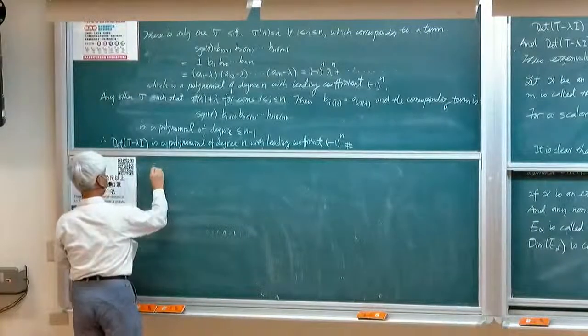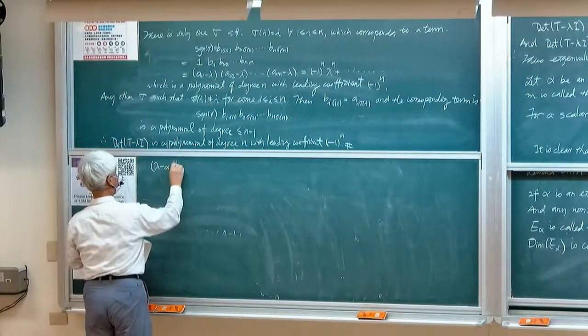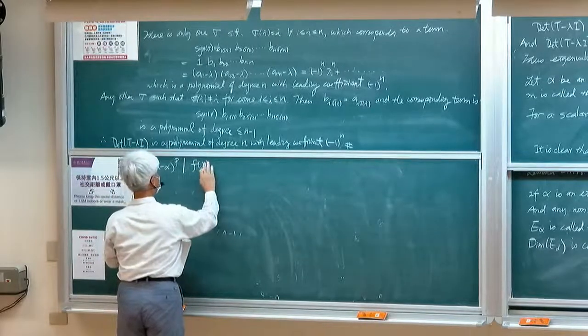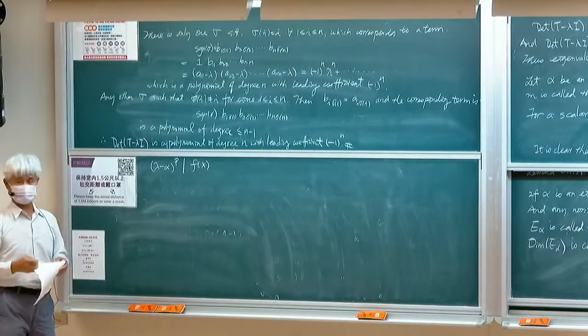Therefore, lambda minus alpha to the power P divides the characteristic polynomial.